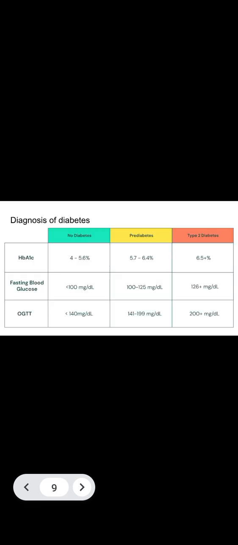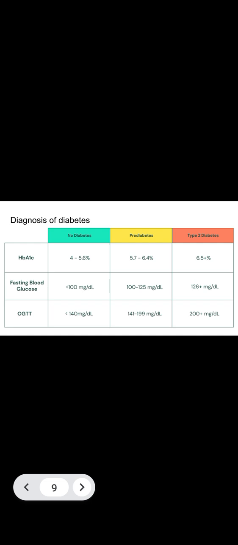Okay, suspected to have diabetes. We have done the examination for them. How do we diagnose diabetes? What are the tests for diabetes and the criteria for diagnosing diabetes? We have 3 tests. We have the hemoglobin A1C, we have fasting blood glucose, and we have the OGTT. Okay, for hemoglobin A1C, in non-diabetics, the normal range is from 4 to 5.6.